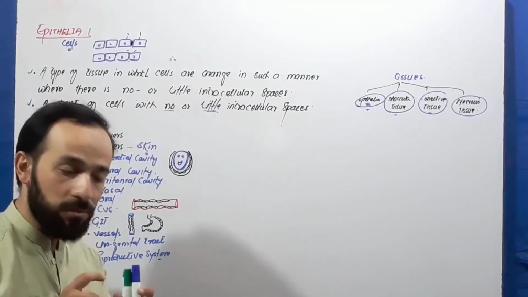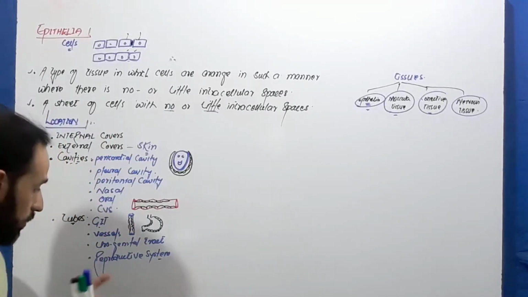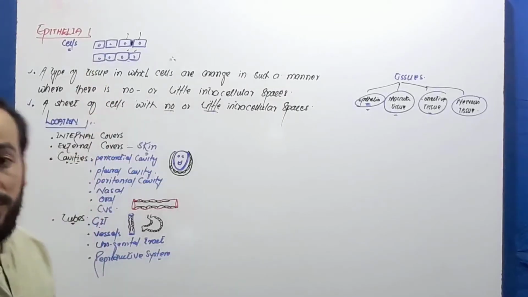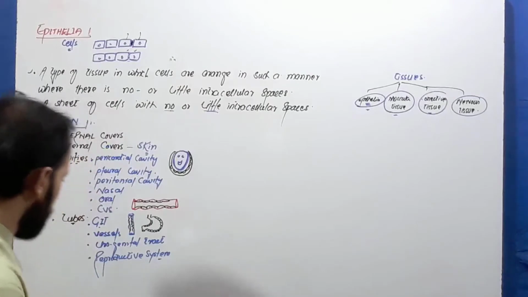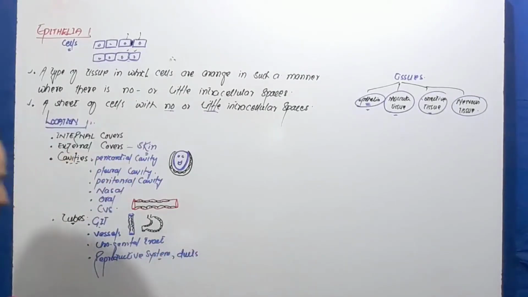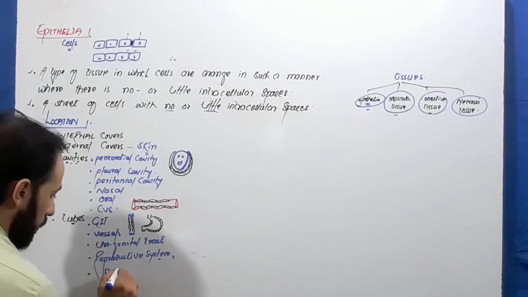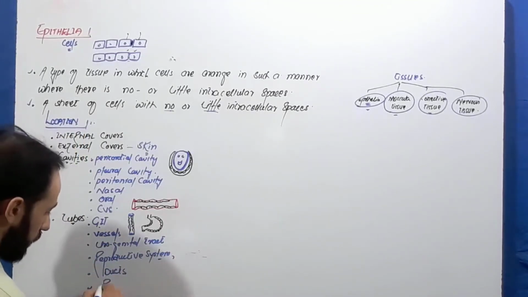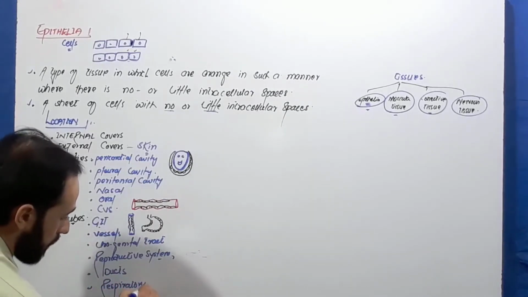There are the seminiferous tubules. All these tubules contain epithelial tissue. Then they are also present in the ducts of the glands. The ducts of the glands are also examples of the tubes of our body, or we say they are also present in the respiratory system, the respiratory tubes.